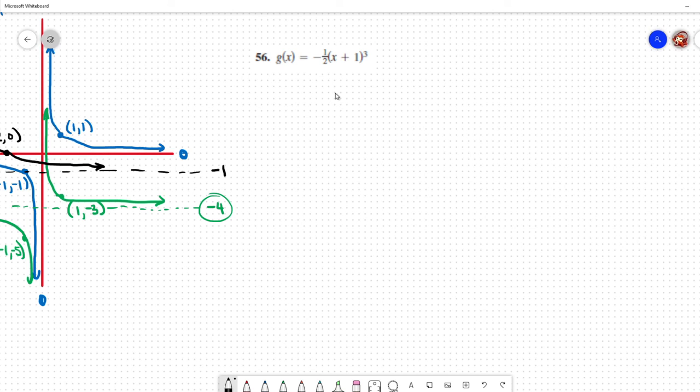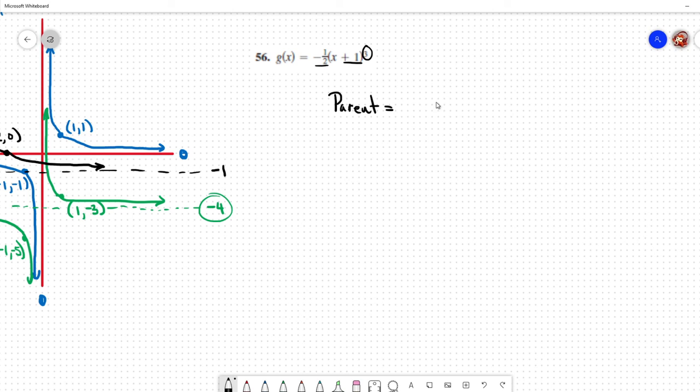So first thing I'm going to do is identify the parent function. The parent function is not a transformation. So the plus one, the times a negative half, those are parts of a transformation. This cube is not part of any transformation.